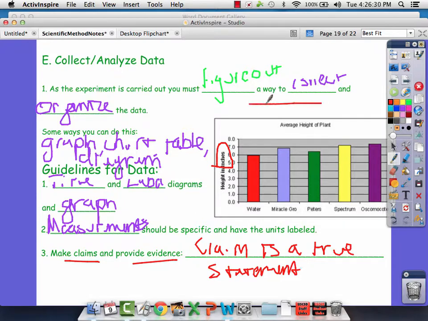If you're looking at this data right here, and let's say that the water stopped about right there, the Peters stopped there, Spectrum there, and that one there, then you can say that Miracle-Gro very clearly had the highest growth, or the highest height of a plant. That's your claim. You're saying that Miracle-Gro had the highest height of plants. When you provide the evidence, you can say it's because our test results showed that water had 2, Peters had 2, Spectrum had 2, and Miracle-Gro was up around 7. That is providing a claim and evidence.